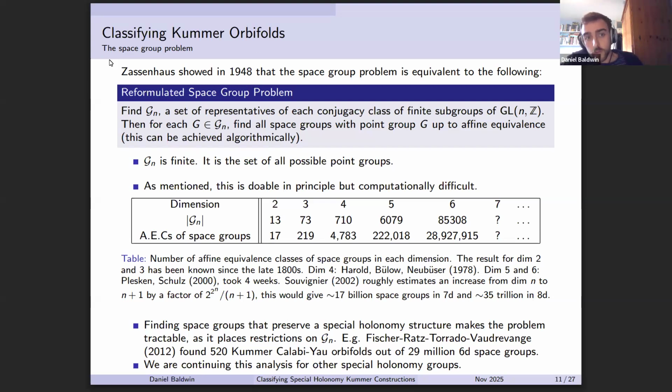So you can reformulate this space group problem in the following way. You first have to find the set G_n, which is the set of representatives of each conjugacy class of finite subgroups of GL(n,Z). This is your set of possible point groups. And then for each G in G_n, you want to find all space groups whose point group is that G, up to affine equivalence. And this can be implemented algorithmically.